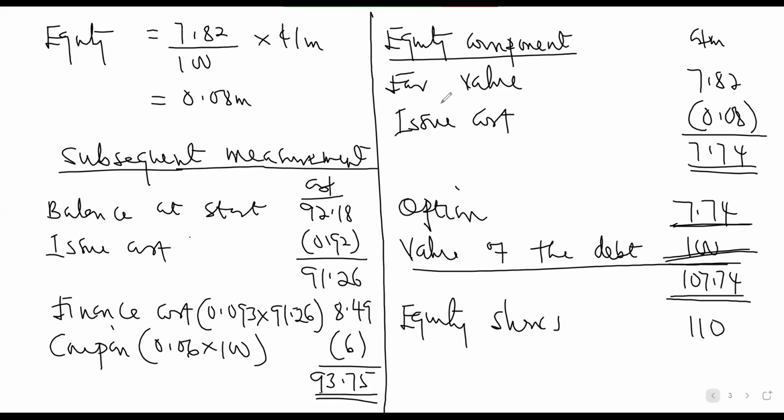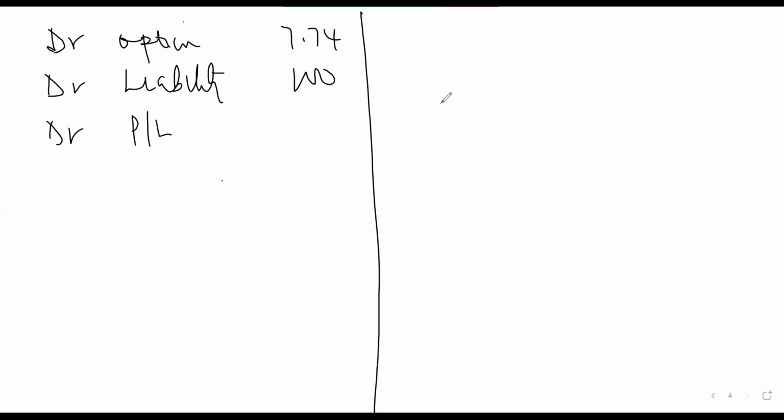The difference is 2.26, the 110 less this one. Then you now credit your equity shares of 110. That is the shares that you are giving to them.